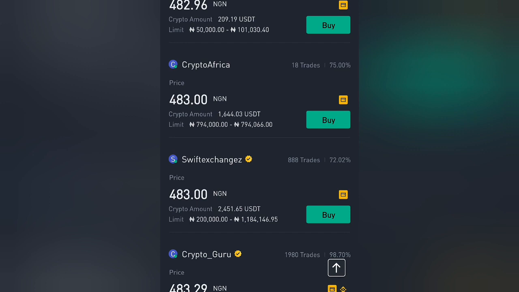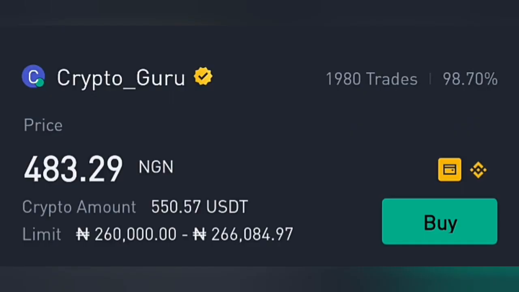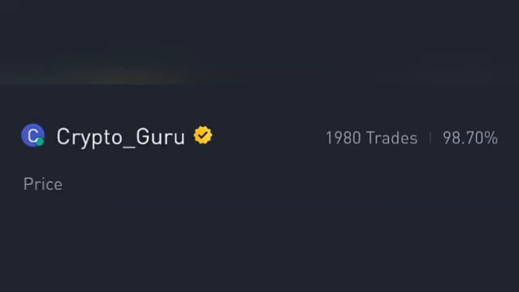Before we start, when trying to buy on this P2P trading platform, we would have to take note of some things. First of all, we would have to take note of the rates, that means the price at which we are willing to buy, and also we would have to take note of the trader's credibility. For example, if you look at this crypto guru, you will notice that he has made 190 trades and his percentage credibility is around 98.70%.